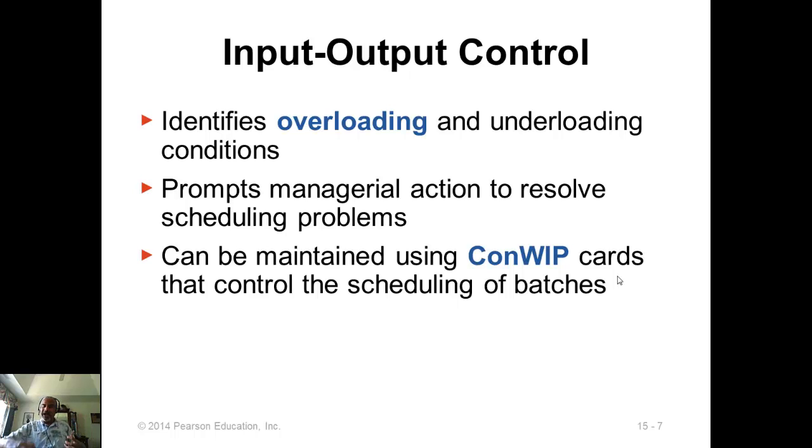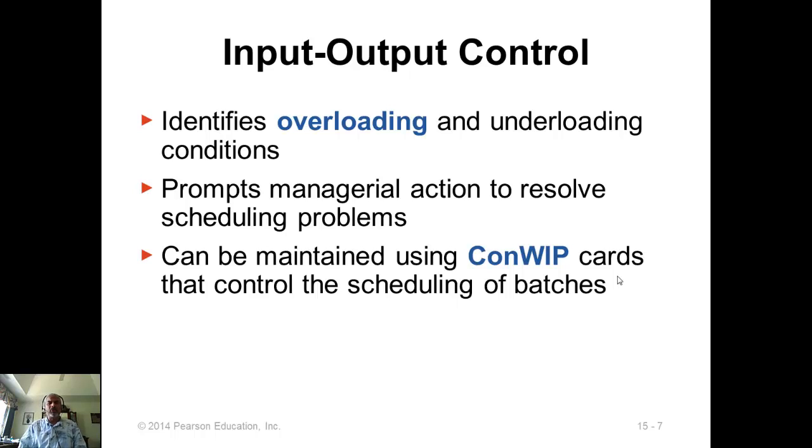What are the planned inputs and what are the actual inputs? What are the planned outputs? What are the actual outputs? And is there a backlog developing? So we can use this input-output control chart to monitor what's happening in a production workstation and take corrective action if there is a backlog developing or if there are any problems.